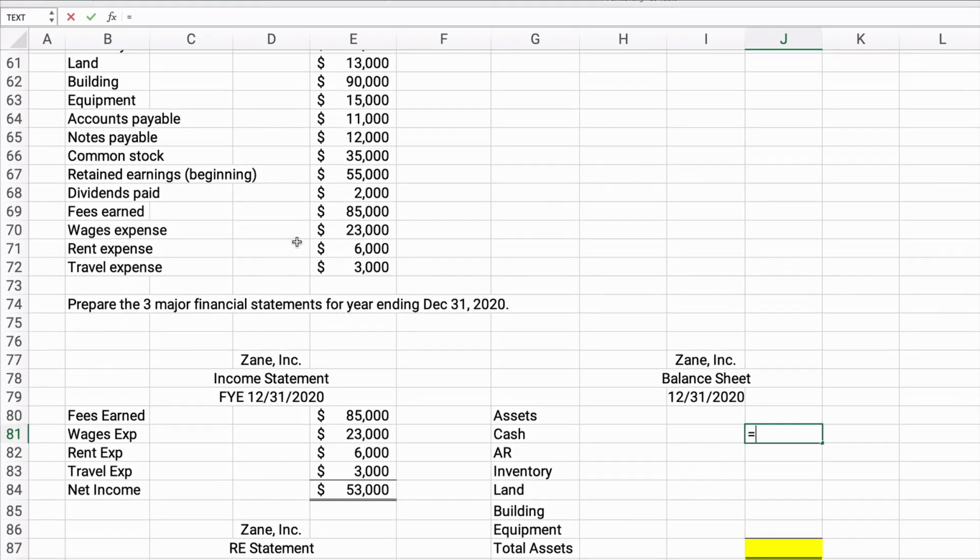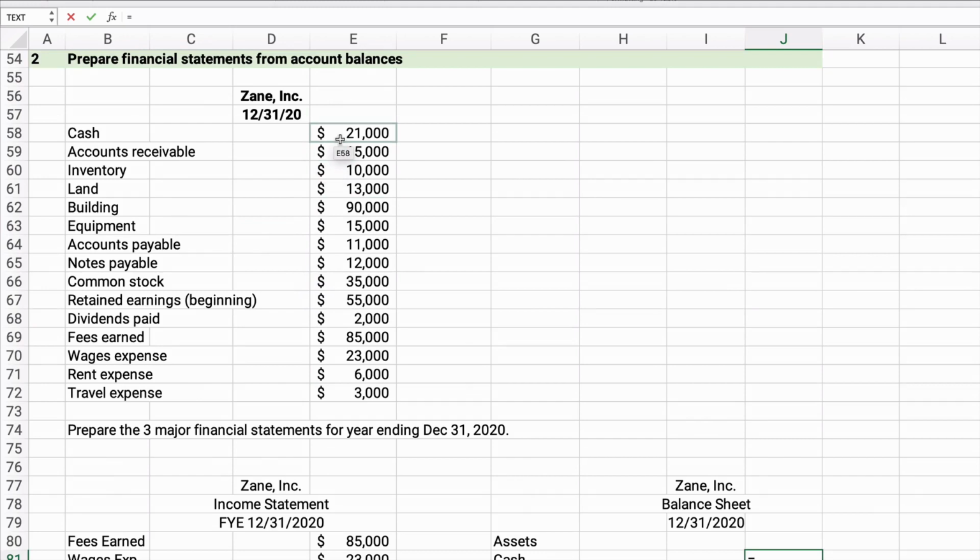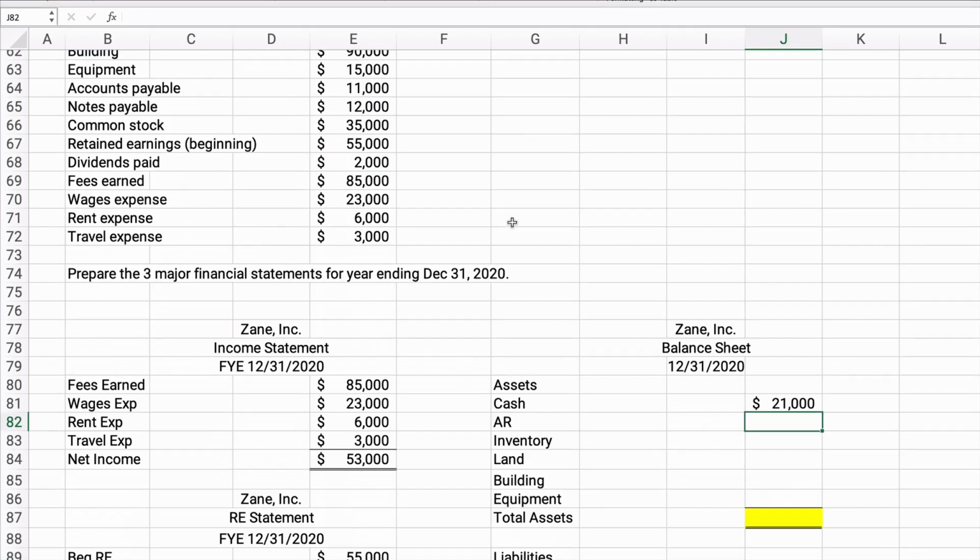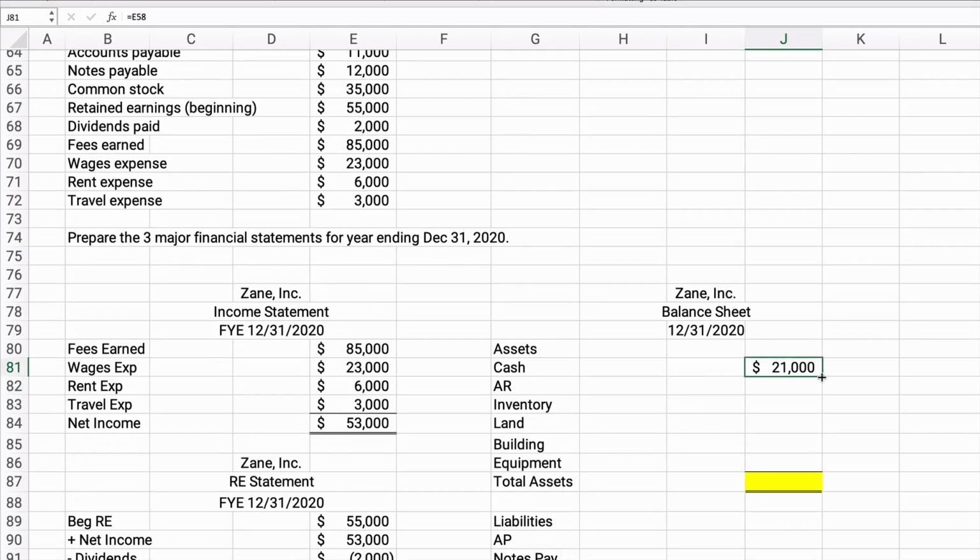Well, I think I can do this. I can just probably copy it down, make it just a little bit faster. So cash is 21,000, accounts receivable is 15,000, inventory is 10,000, land is 13,000, building is 90,000, equipment is 15,000.